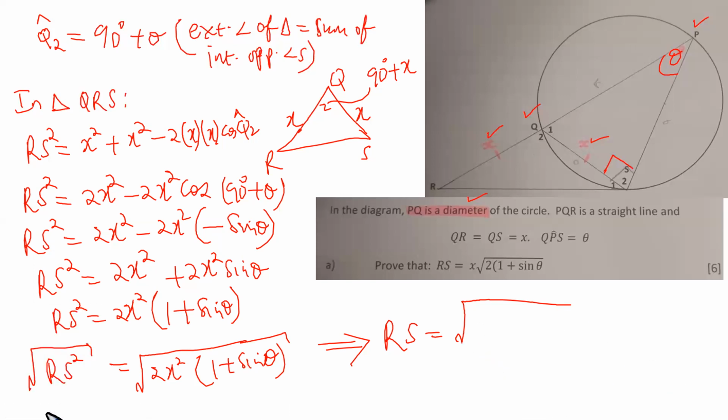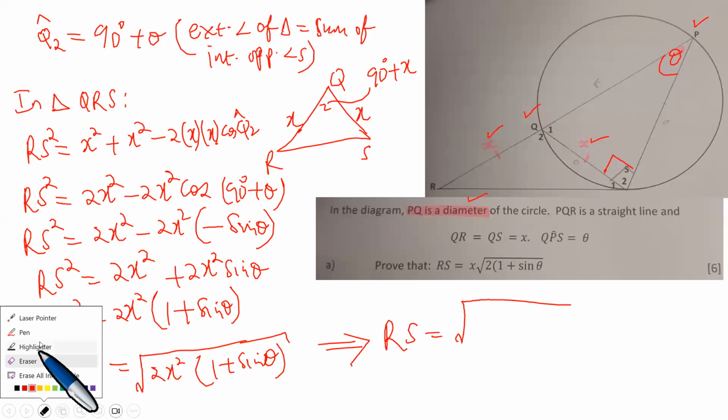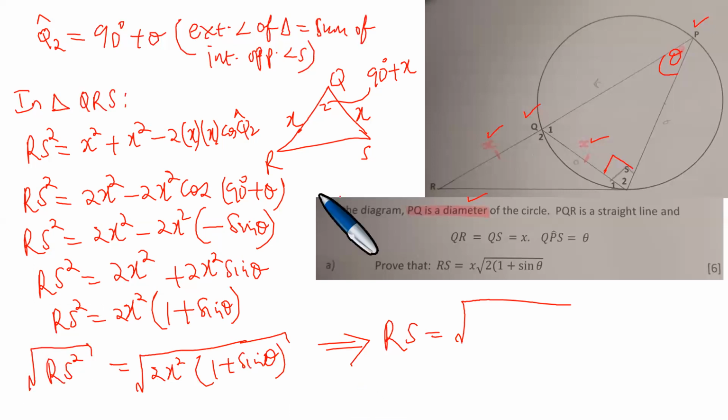So it is the square root of X squared into 2 into 1 plus the sine. This way, from which we have RS.